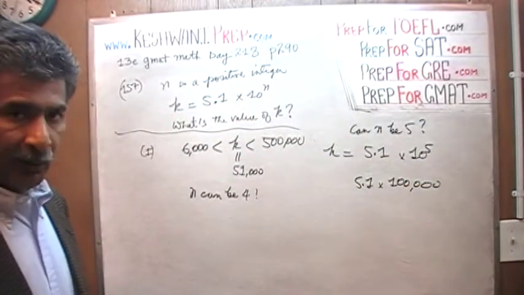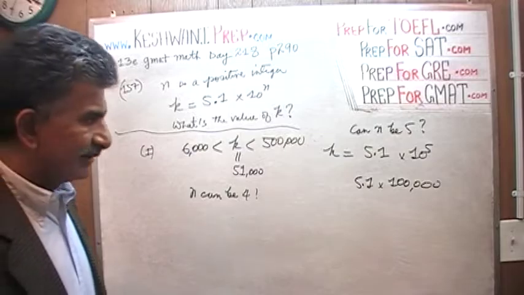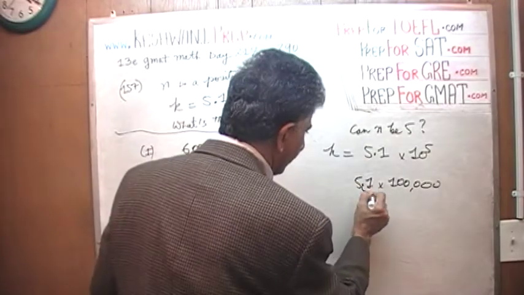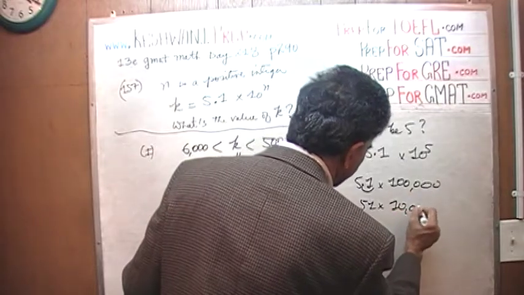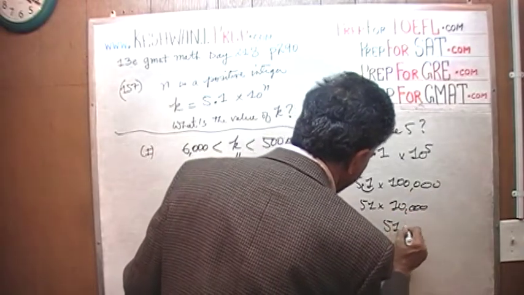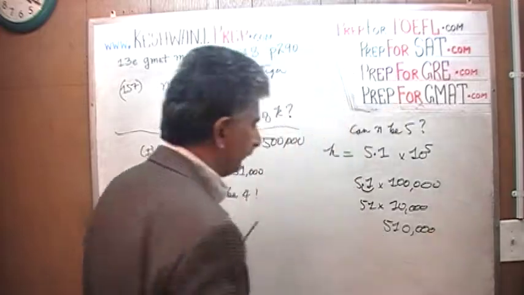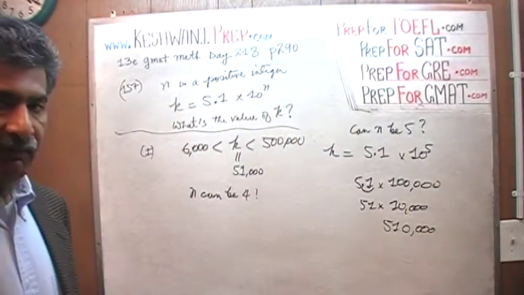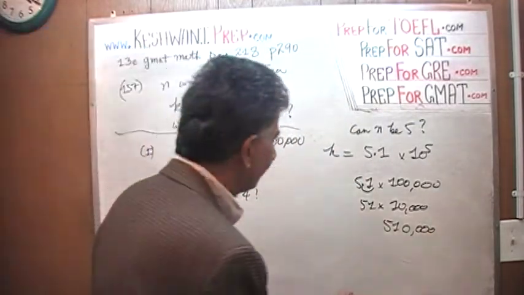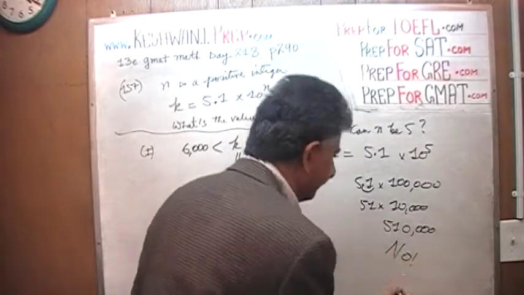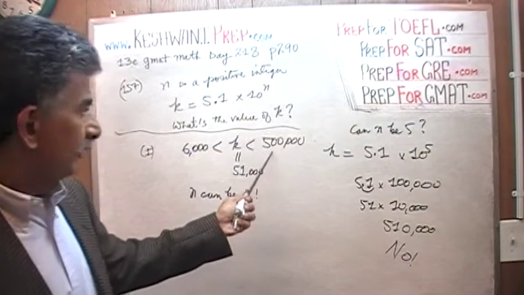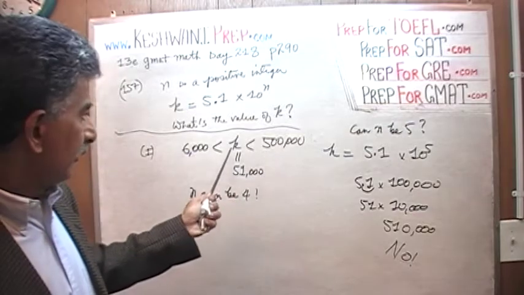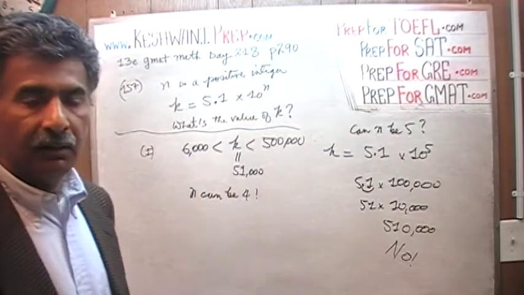We're going to end up using 1 zero, 1 decimal place to move this decimal point, so it will be 51 times 10,000, and we'll end up at 510,000. Is that allowed? Can k be 510,000? The answer is no. K cannot be 510,000 because k has to be less than 500,000. K, we are told, is between 6,000 and 500,000.